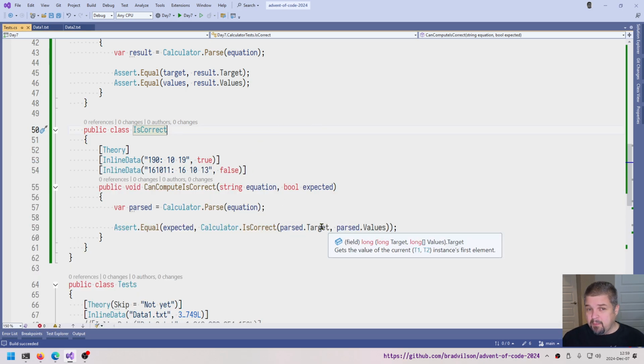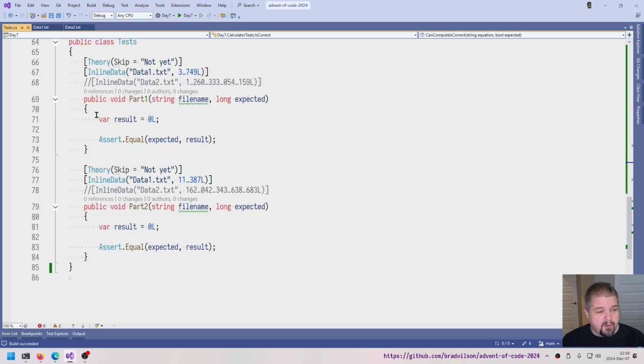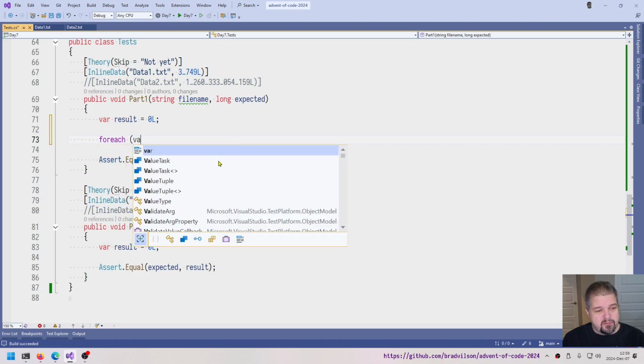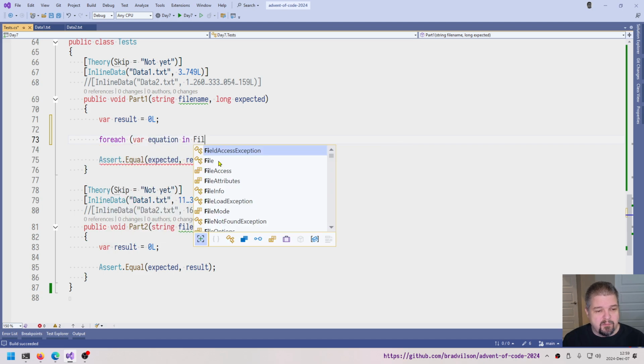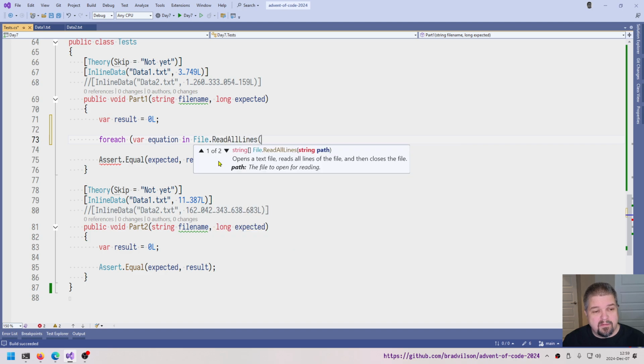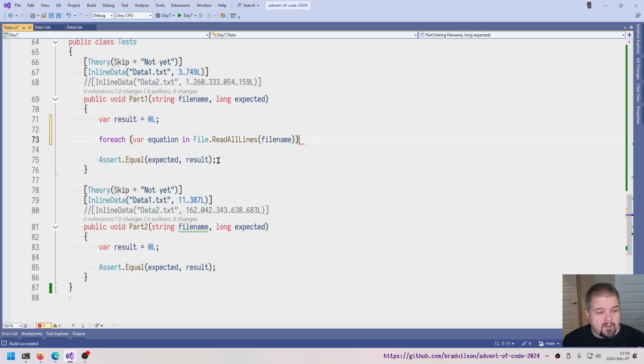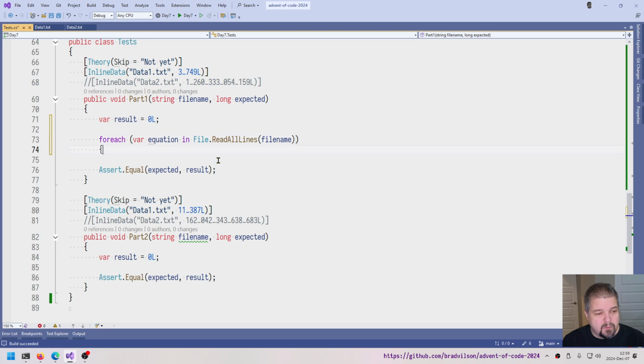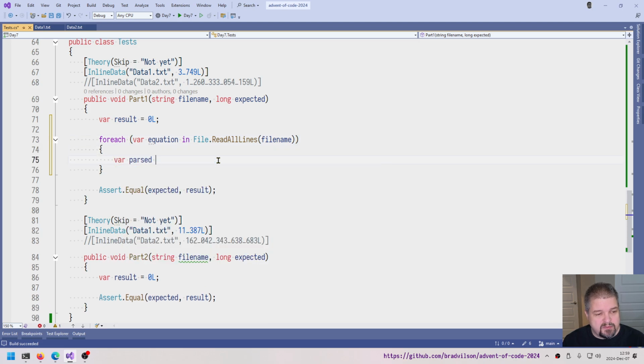All right, I think at this point we have enough to solve part 1 of the day, right? So for each var equation in file, read all lines of the file name. We're going to do this, which is parsed is calculator parse for the equation.